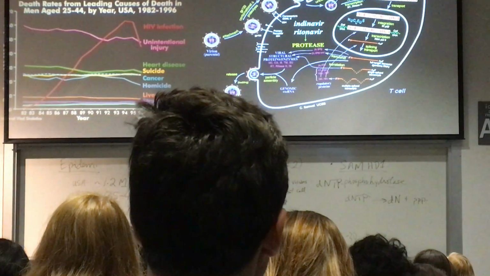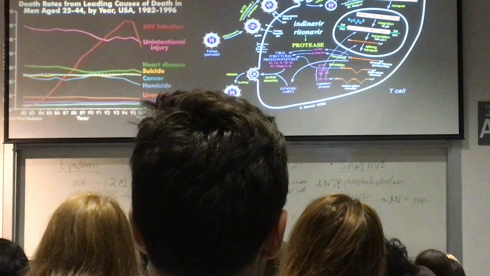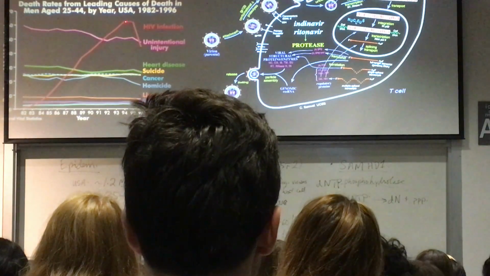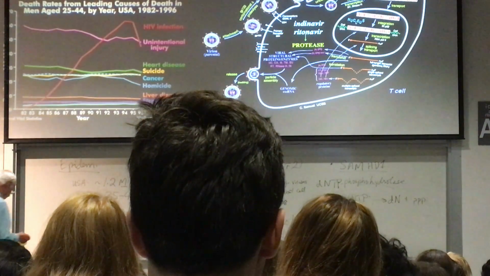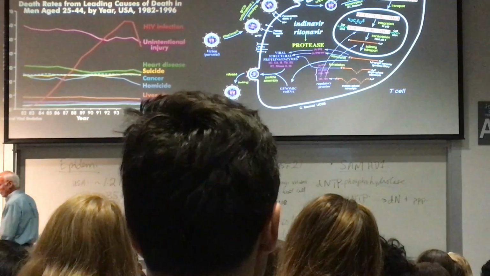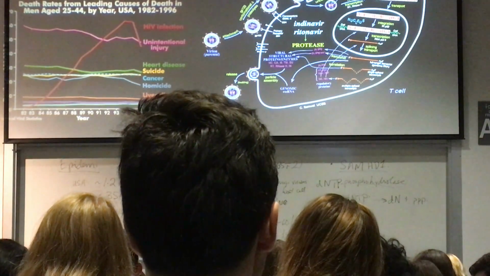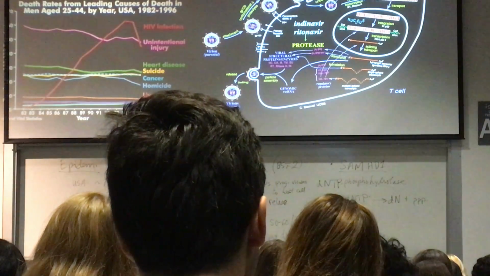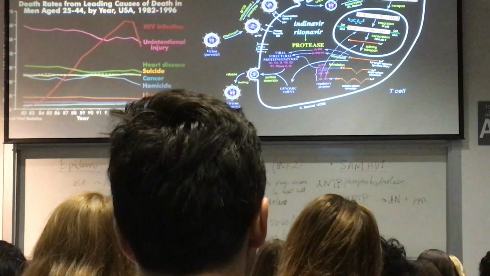Certainly HIV remains a huge problem, but it's maxed out, and there's actually a slight decrease. Well, there are a couple of reasons, and I think you can put them into two broad categories. One is education, and the other is therapeutics.